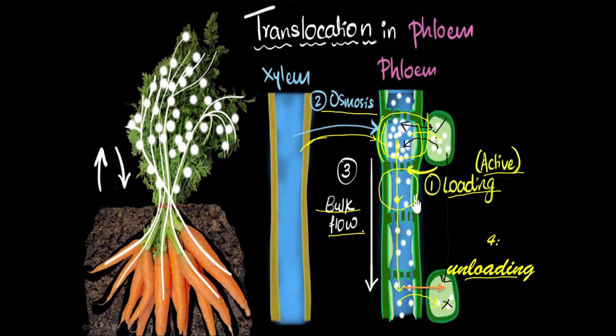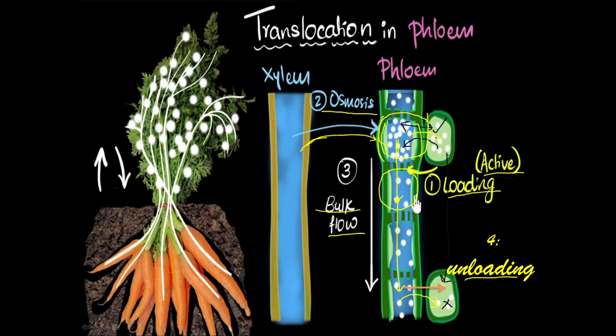So there is a bulk flow happening. From a region of higher concentration, or higher pressure, it will move to a region of lower pressure, and there unloading happens. That is, the food particles from the phloem are transferred into the different parts of the plant where they actually need the food particles. So that's the translocation happening.